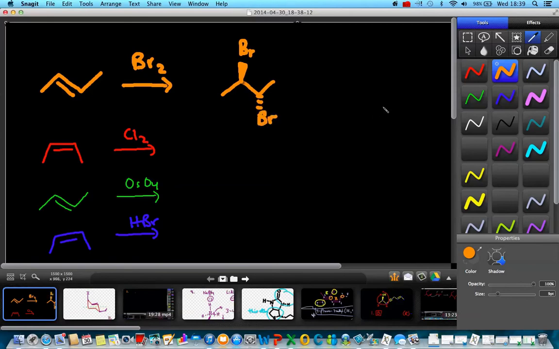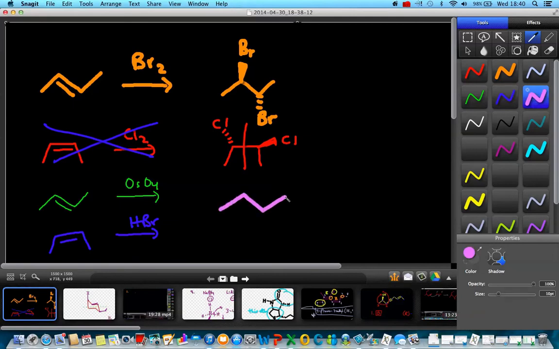That doesn't look to be symmetrical, so we're looking for the meso compound. Let's go to the next one. We know the next one isn't because, again, it's anti-addition, and the left half is not the mirror image of the right half. So we can effectively eliminate B from being an answer.